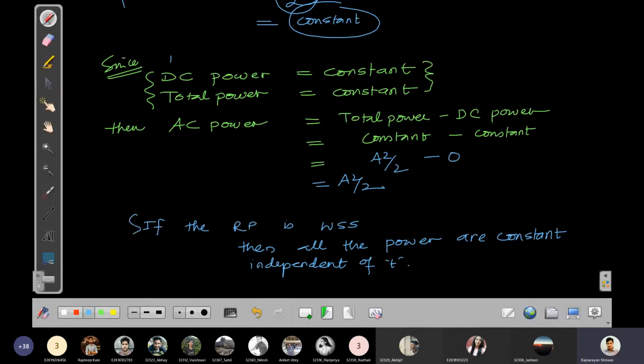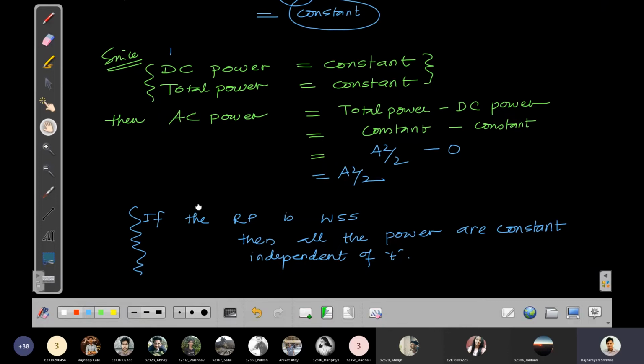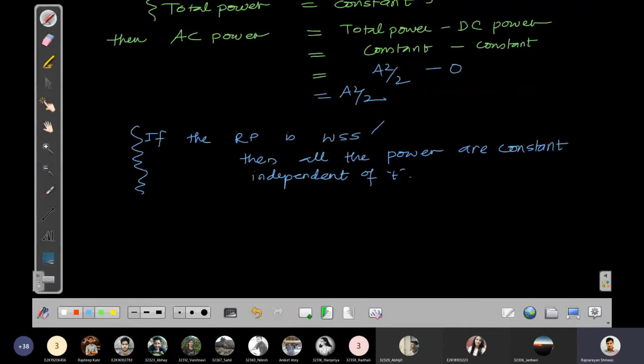It's good for me. Random process is there, but at any time I check the power, DC power, AC power, total power, they all remain constant. They are nice buddies, always constant. So they are not going to create a problem. They are not changing with time if the process is WSS. So this is the result you can conclude from WSS, that all the power has to be constant, independent of time t.